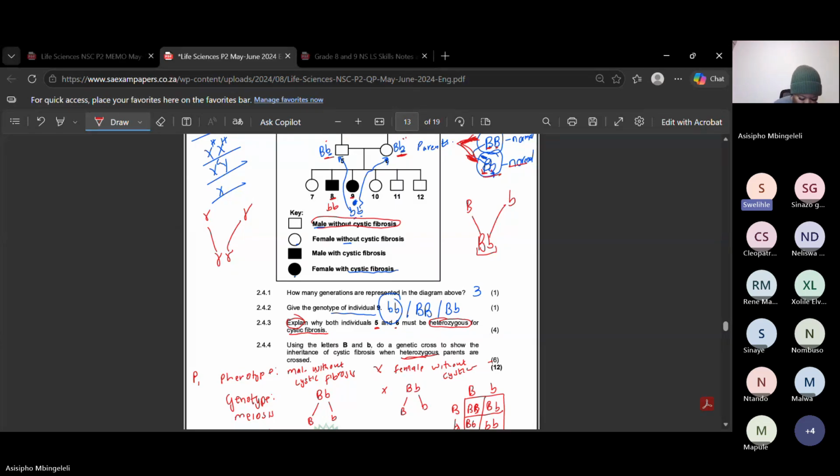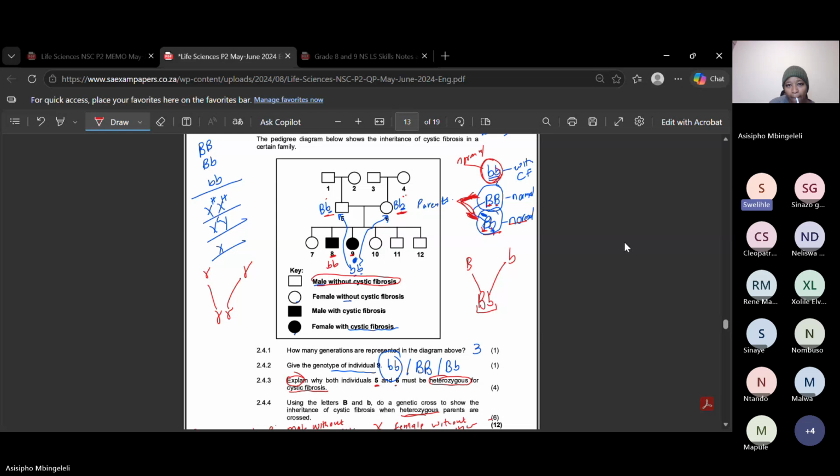Ma'am, when it comes to the parents of 5, would their genotype be uppercase B and lowercase b, or would it be between uppercase and lowercase b? So for parent 5, what we know is that 5 would have inherited capital letter B from one parent and small letter b from the other. So we cannot decide. That's why they didn't ask us any information, because they didn't give us enough.